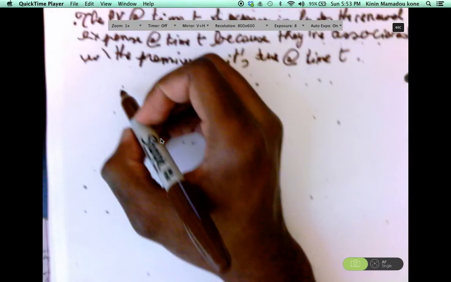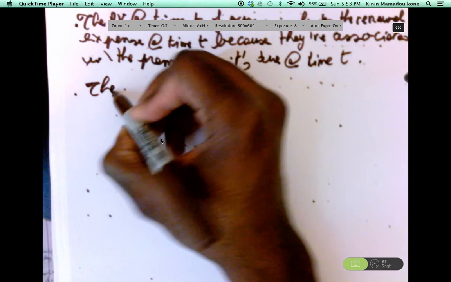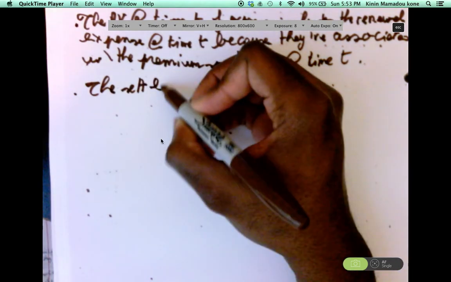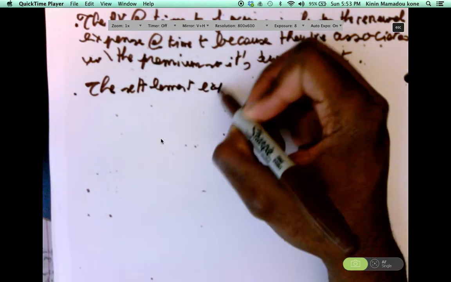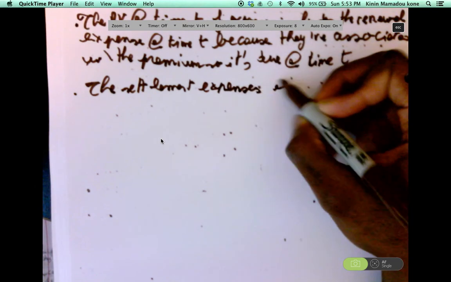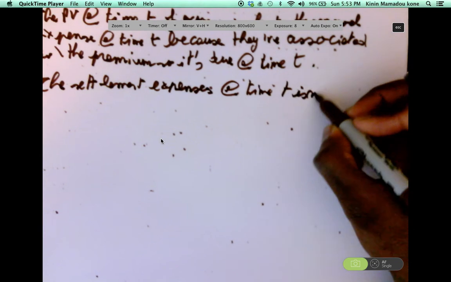Now the settlement expenses at time t are not included.